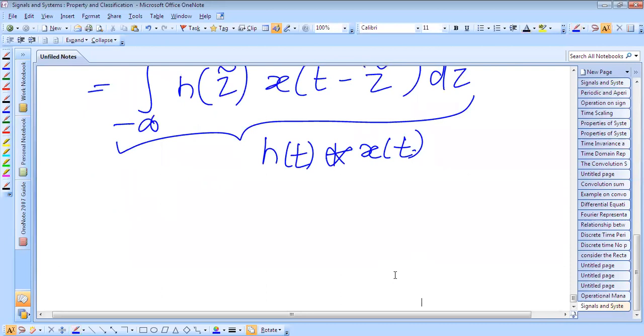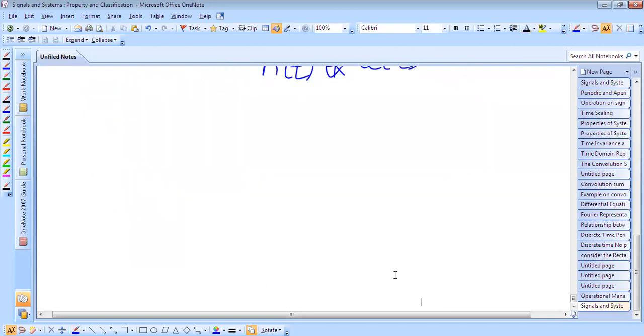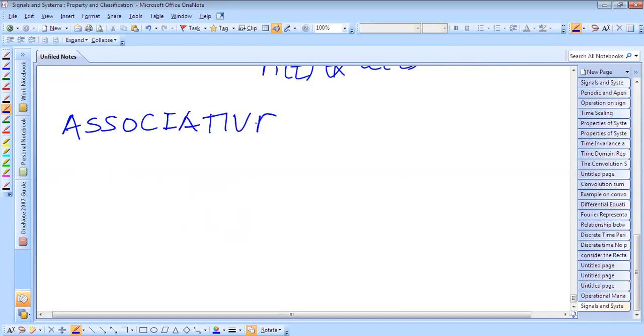Second is the associative property. Convolution is associative.